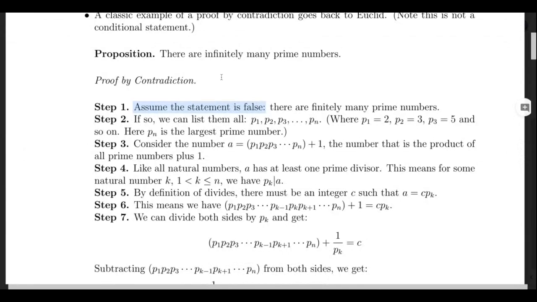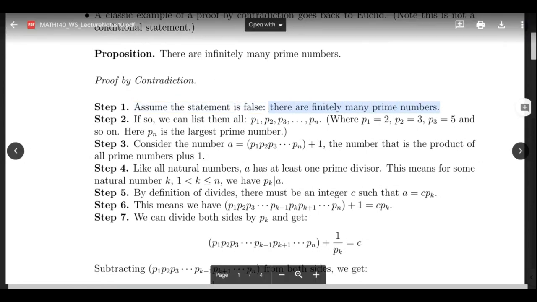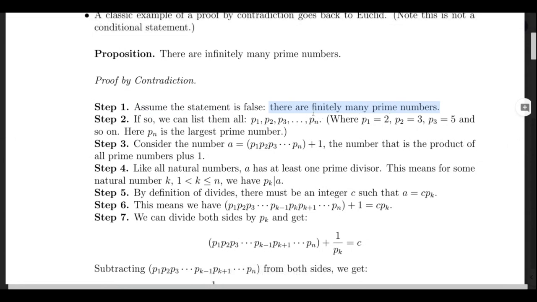So think about the statement being false as P, right? So there are finitely many prime numbers. If P, and if we can arrive at Q, well, that's fine. But we arrived at a contradiction, something that contradicts our common sense, or contradicts the definition of an integer and a fraction.